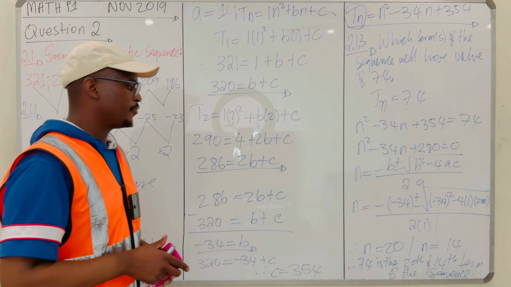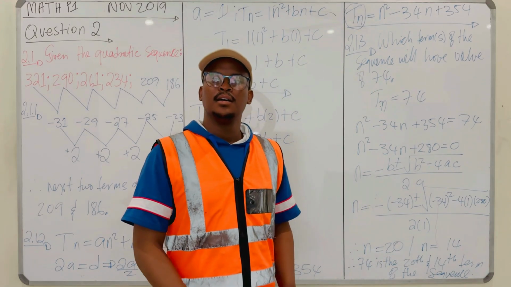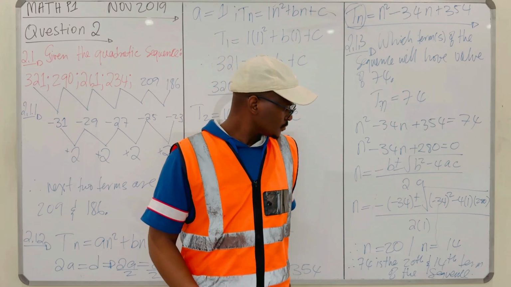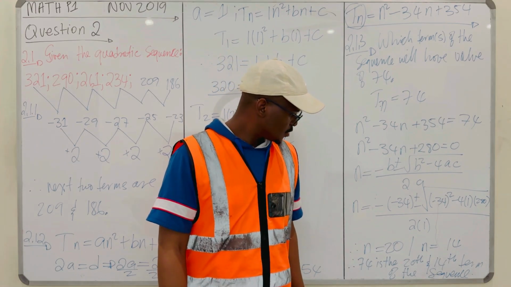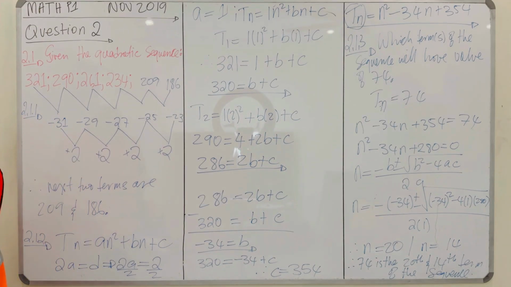We've located our 74. So we will find 74 at the 20th and 14th position of the sequence. We're done here. So we're going to move to 2.1.4 and 2.2. I'll clean the board and then we move to those questions.